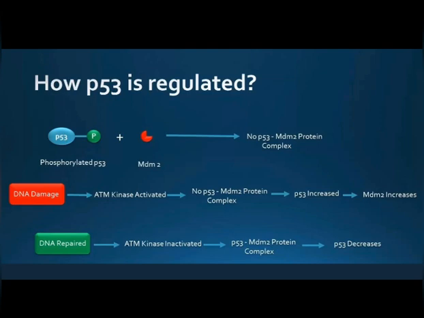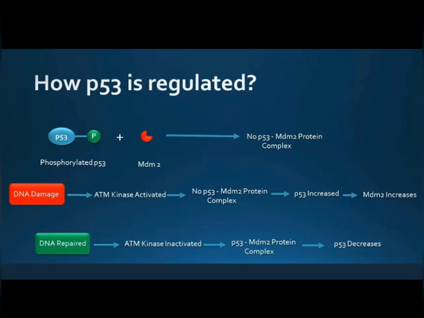Because ubiquitin cannot decrease the p53, when there is DNA damage, the cell cycle can be arrested. A higher level of p53 is required, so for that, phosphorylation of p53 will occur through ATM kinase. Once it is phosphorylated, it cannot bind to MDM2 protein, and thereby it will not be degraded by the ubiquitin pathway.